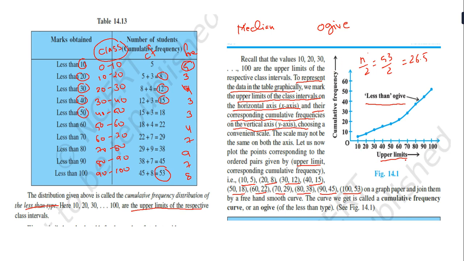On the x-axis we write the upper limit, and cumulative frequency on the y-axis, and then we put the corresponding values: upper limit with CF, upper limit with CF. That way we make it, and the graph is always increasing, not downward. Always see that, in the less than ogive type, the graph is always on the upward side.